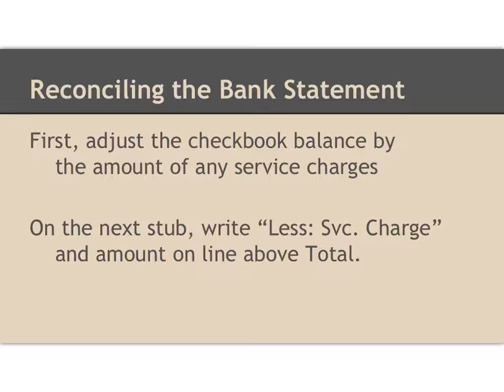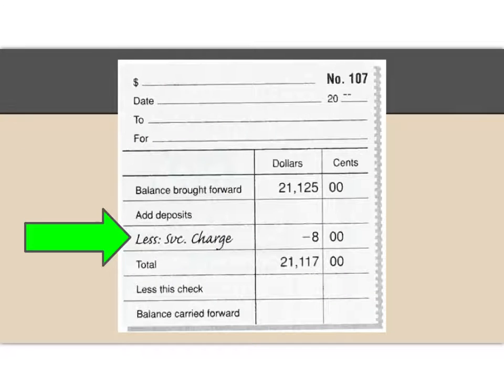As long as a reasonable person looking at your records would understand what it means, you can abbreviate as you see fit. And then you would want to include that amount in the line above total, same as if you were adding a deposit onto the check stub, except that we're going in reverse.